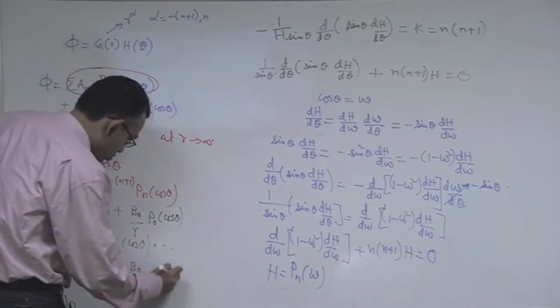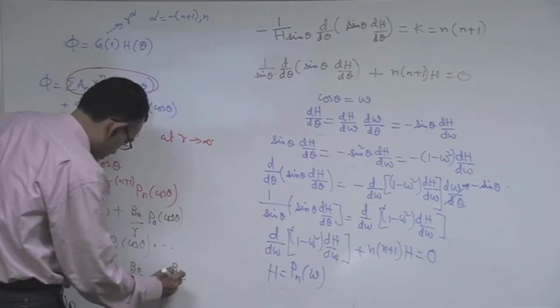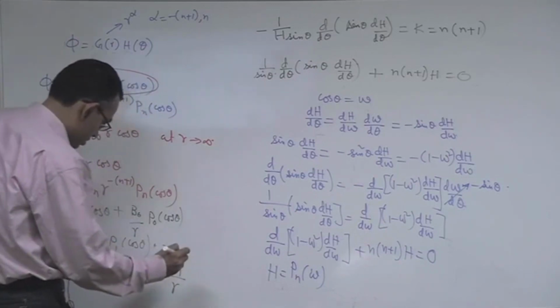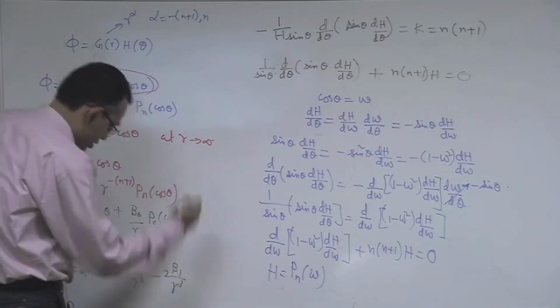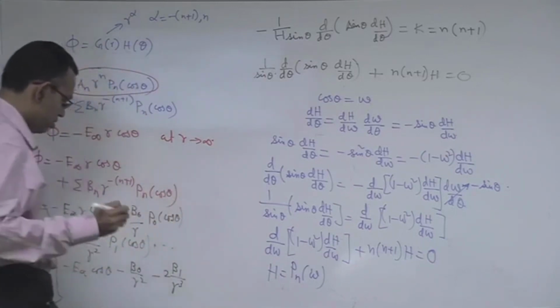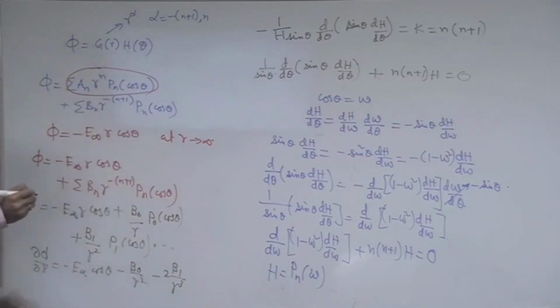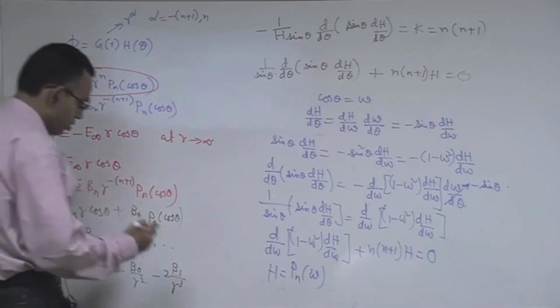Then minus 2 B1 by r cube. P1 cos theta is cos theta.